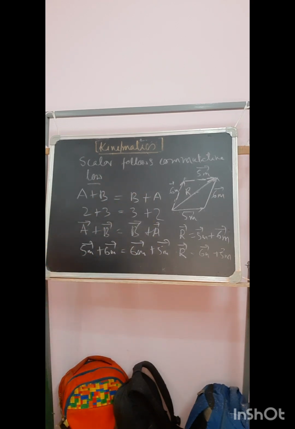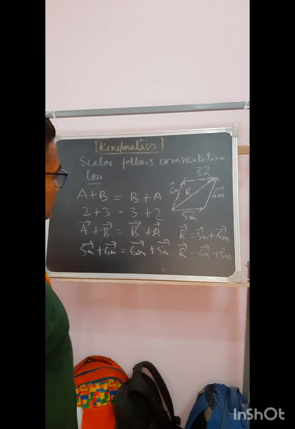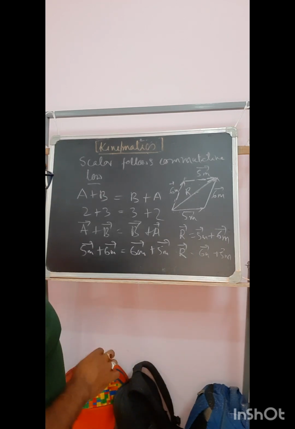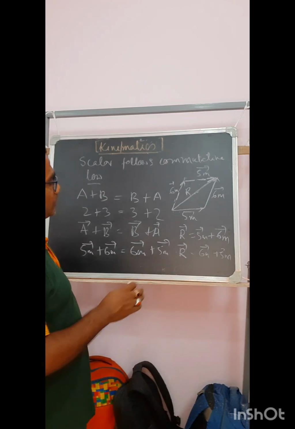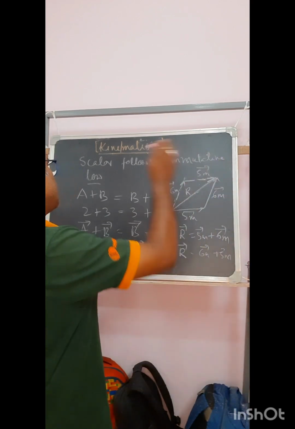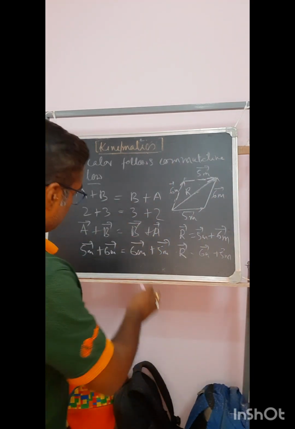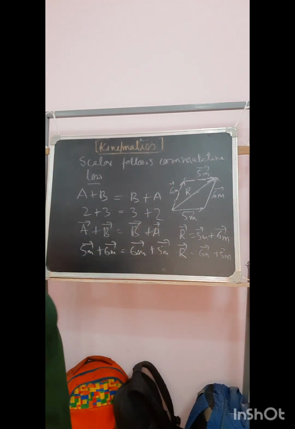Okay, this will be very useful when we do some more addition rules for vectors, but now I will not continue on that. Better, after that I will move to kinematics, because that much detail is not required in kinematics.